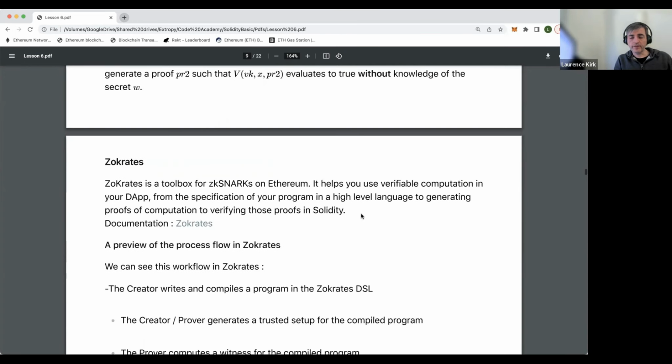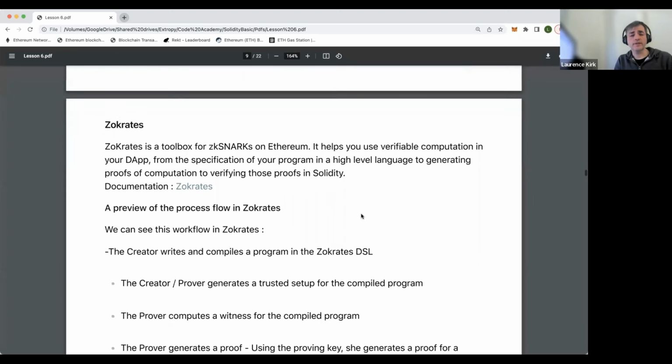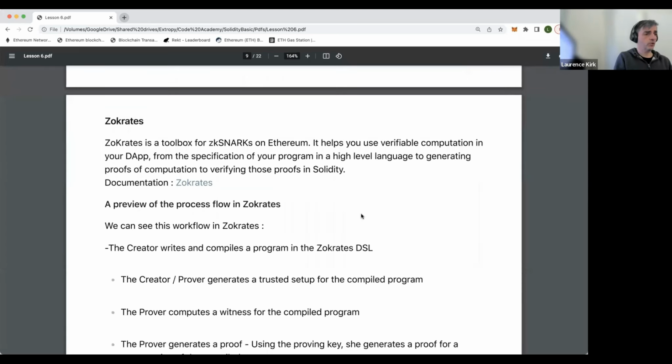Now, if you want to try out zero-knowledge proofs, you can do this. There's a project called ZoKrates, which allows you to create zero-knowledge proofs on Ethereum and write small programs, and then from those create proofs that can be verified, and the verification is done within a smart contract.